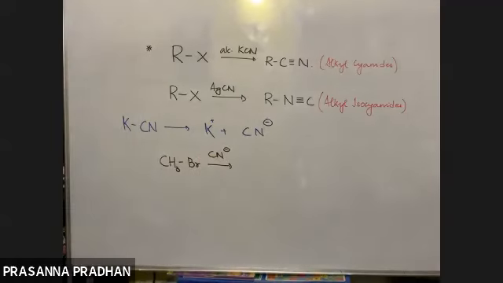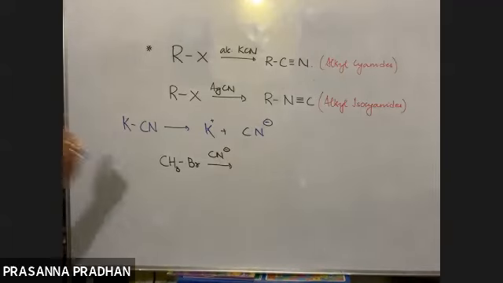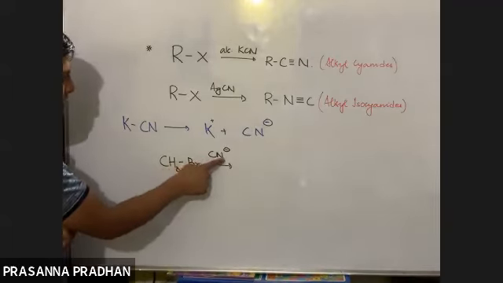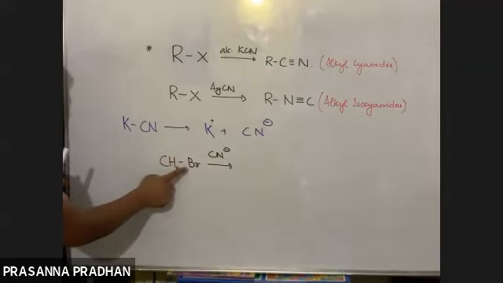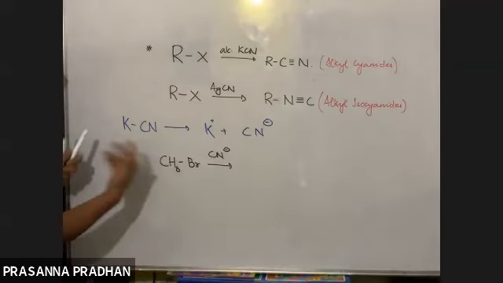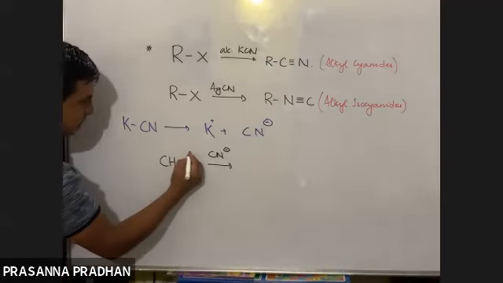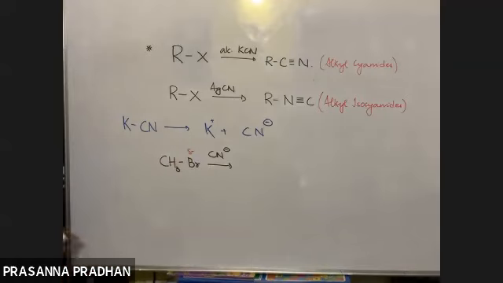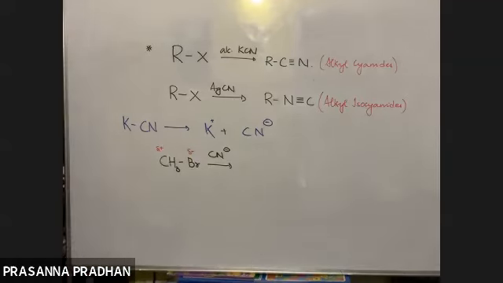The nucleophilic part is CN negative. Both the carbon as well as the nitrogen end are free. By definition, this nucleophile should attack an electron deficient carbon. You must be wondering, sir, how is this electron deficient? Yes, because the halide, we know it's highly electronegative. It will pull the electron towards itself, making the carbon electron deficient.